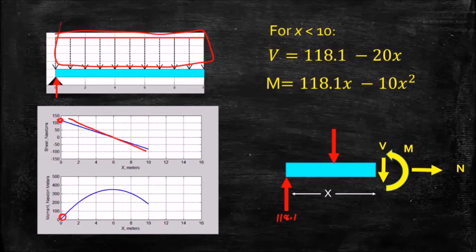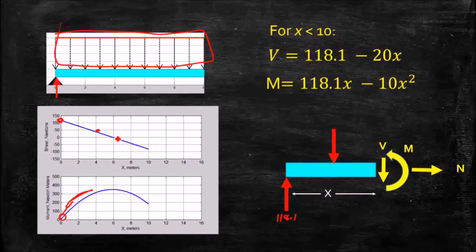When we start out on the moment, we have a positive slope because these values here are all positive. And as we get further and further out, the slope of the moment curve is decreasing because the magnitude of the shear curve is decreasing.